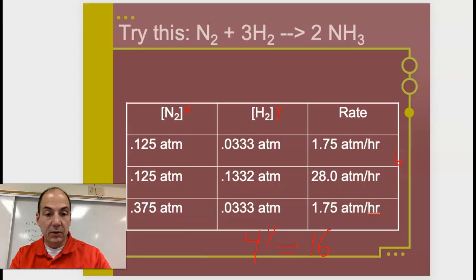I'm going to compare the first row and the third row because I see that the hydrogen does not change.